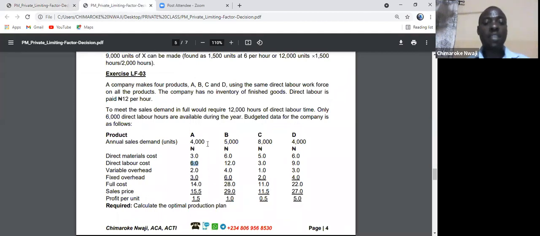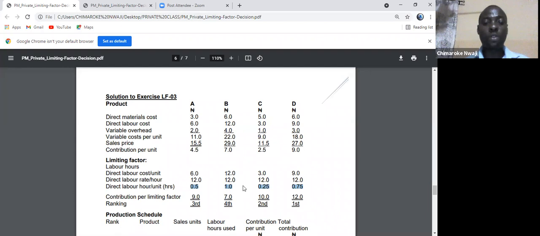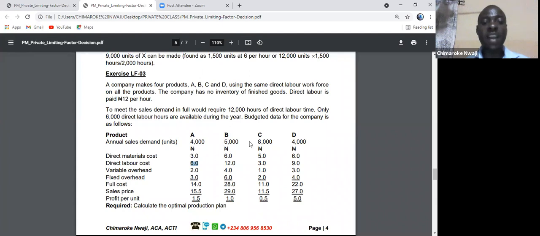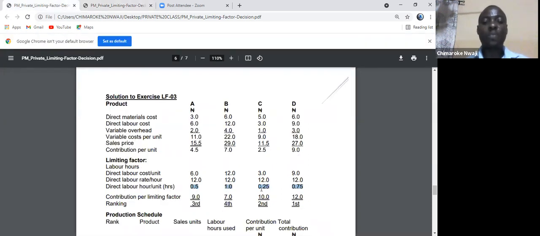When you multiply 0.5 times 4,000, total hours is 2,000 hours that will be used up. Go to product B, 1 hour per unit. 1 hour multiplied by 5,000 units will give me 5,000 hours. Add it to the 2,000, you have 7,000 running total. Product C, 0.25.